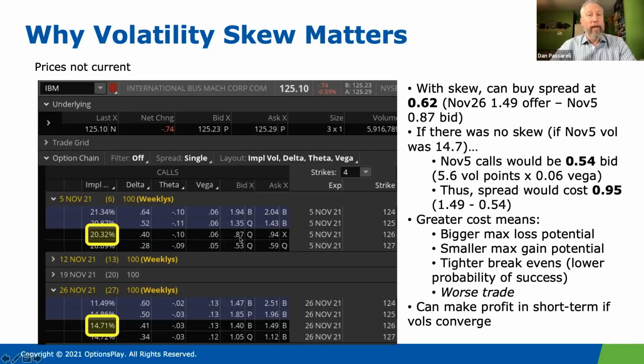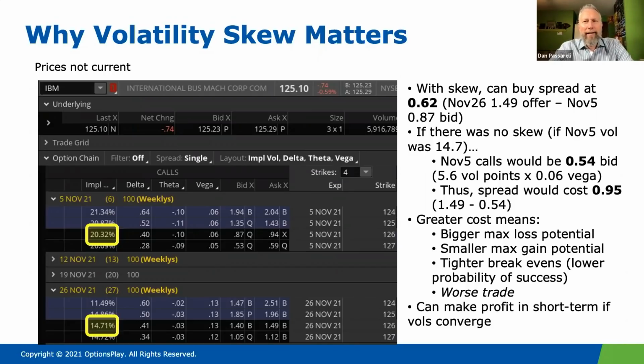If there was no skew, so if this volatility was not 20.32, it was 14.71, meaning it was 5.6 volatility points lower, what price would we have paid for the spread?